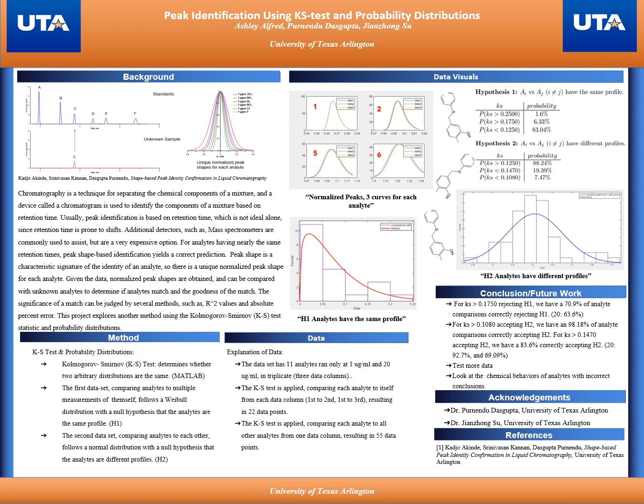So looking at the conclusion that we have so far, for KS values that are greater than 0.175, we created this rule that we would reject H1. And so using the data set where we have 55 data points, when we compared each analyte to all the others, we ran this rule with those data points, and 70.9% of those 55 data points correctly reject H1.